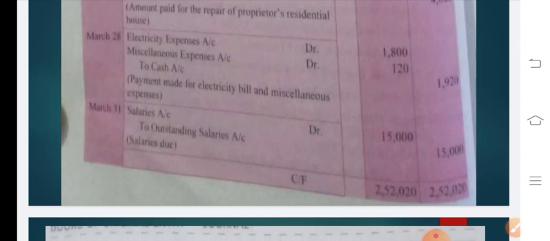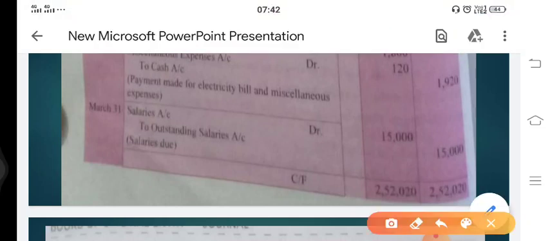And nominal account says debit all expenses and losses, and hence we have debited salaries account with rupees 15,000. So salary account got debited with 15,000. At the same time, salary here is not paid, rather it is to be paid.